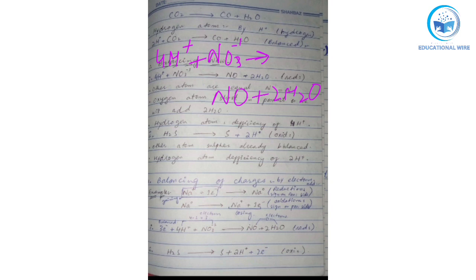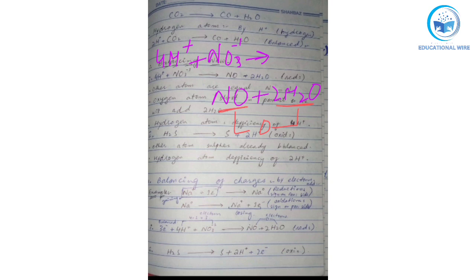Now we will balance it with charges. First of all, I will see the electrons in it: here is 0 electron in NO, so it means there are 0 electrons on the product side in reduction.